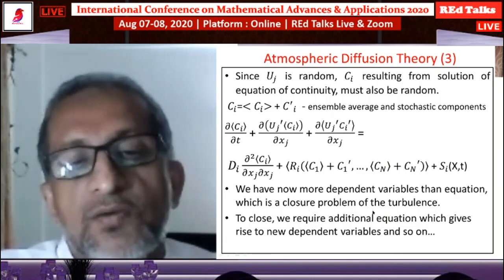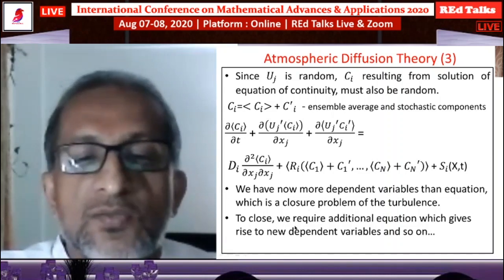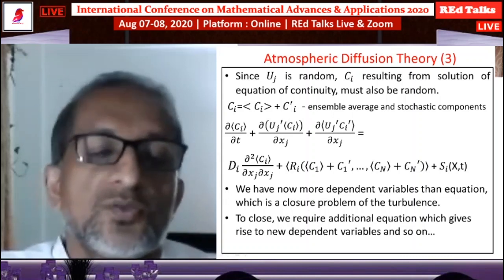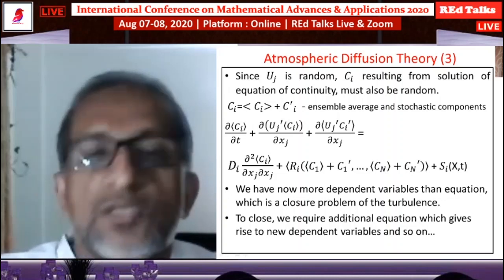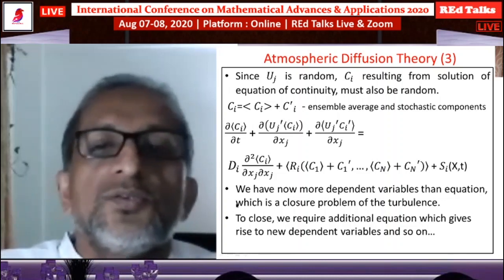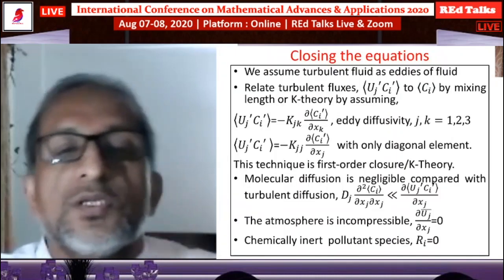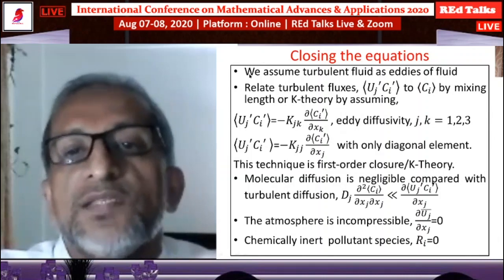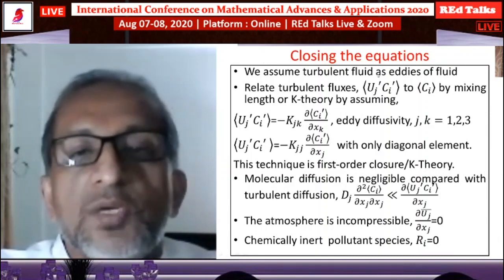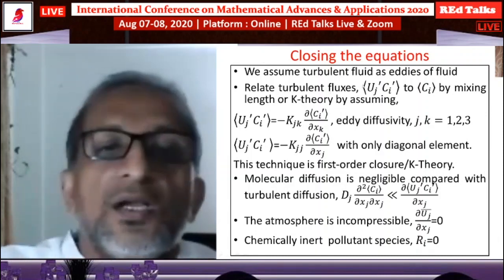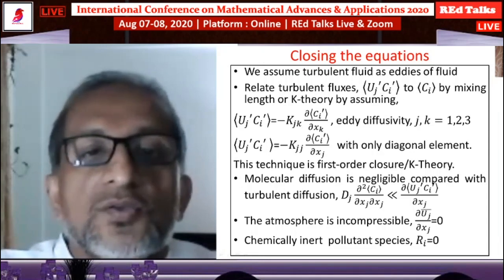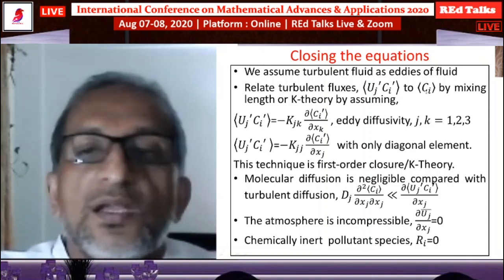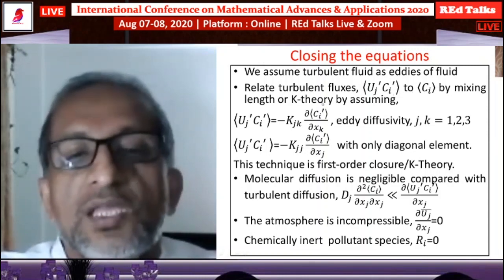To close it, we require additional equations. These additional equations give again new dependent variables, and this process goes on. We need to stop it, that means we need to close it. So we close that process, and for that we assume that the turbulent fluid has eddies, and the turbulent fluxes are connected to the concentration by mixing length or K theory.